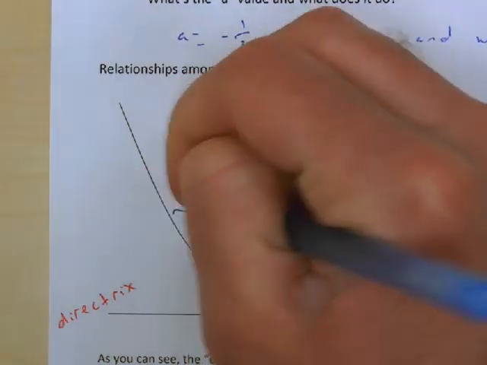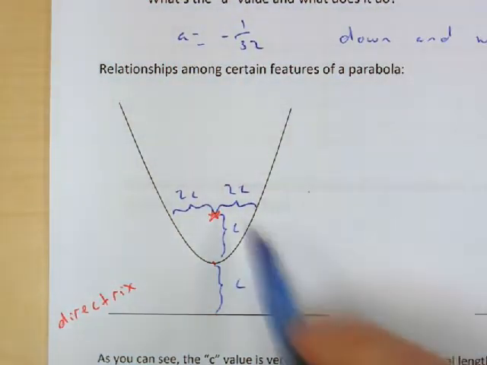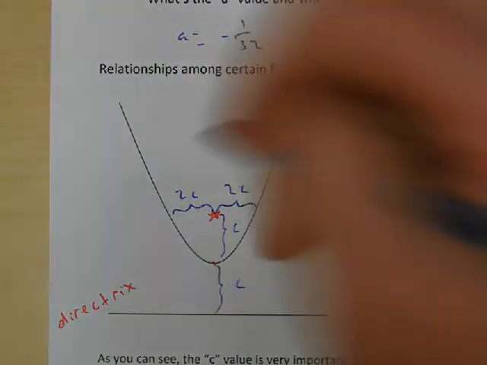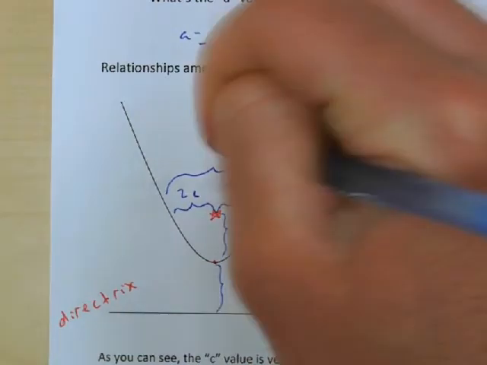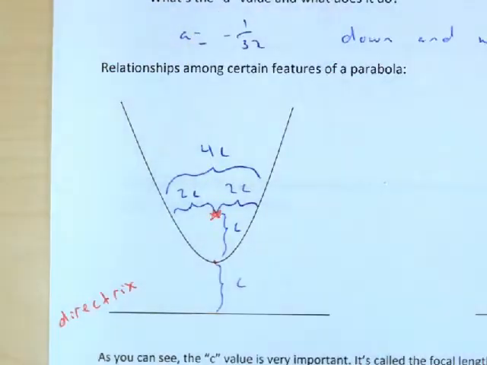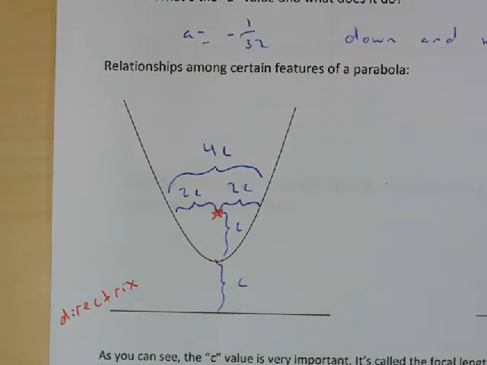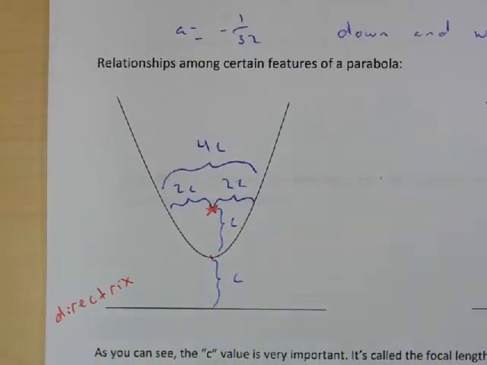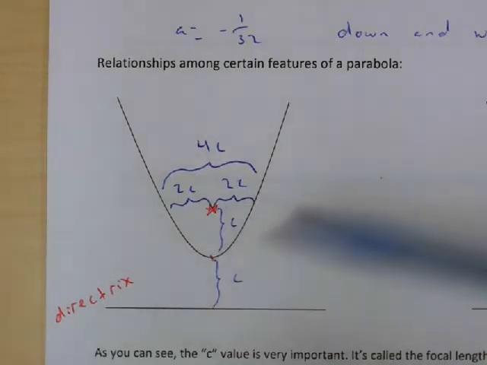This distance here would also be 2 times my focal length, which means from here all the way to here, the focal length chord endpoints, would be 4c. So these are a couple relationships that we're going to start paying attention to from now on. Again, the main one being the focal length, which is the distance from my vertex to my focus, and from my vertex to my directrix.